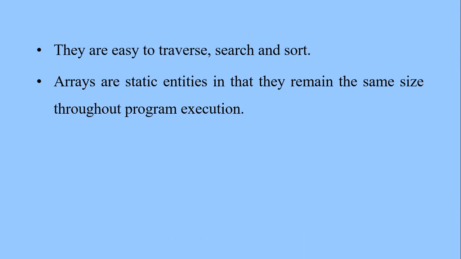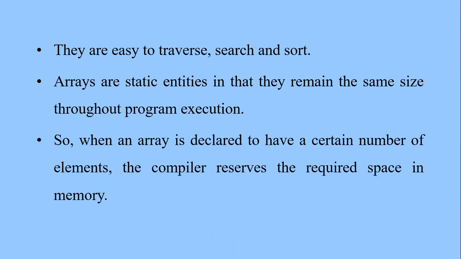Arrays are static entities in that they remain the same size throughout program execution. So, when an array is declared to have a certain number of elements, the compiler reserves the required space in memory. This allocation is based on the information available at compilation time.